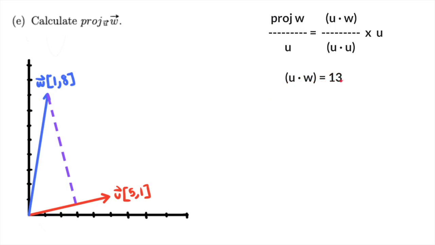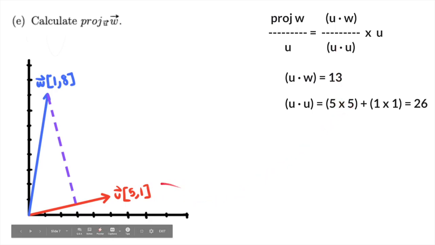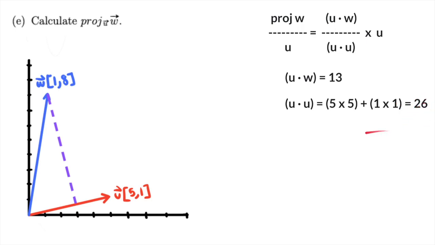We have the dot product, which was from the last problem, 13, and dot producting u by itself would simplify down to 5 times 5 plus 1 times 1, which will equal 26.